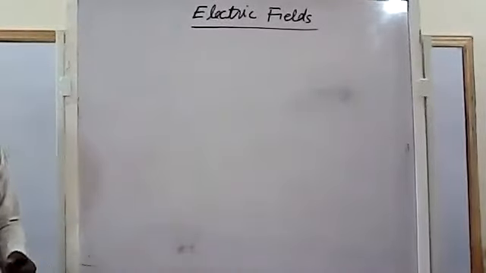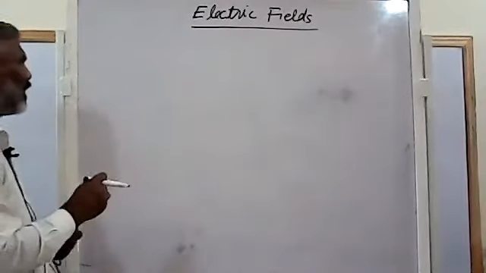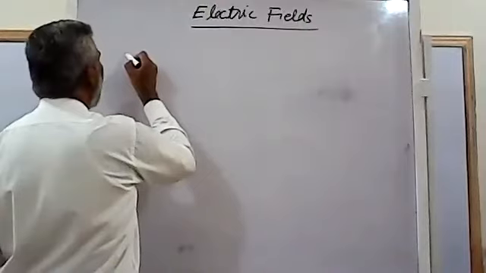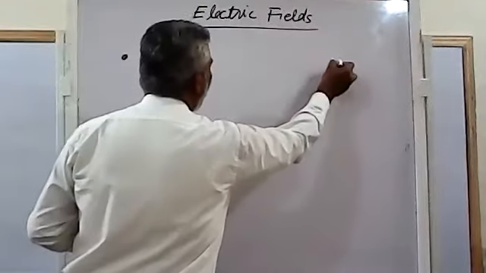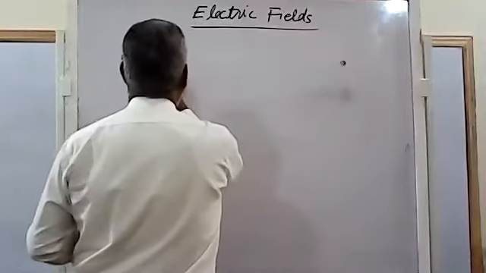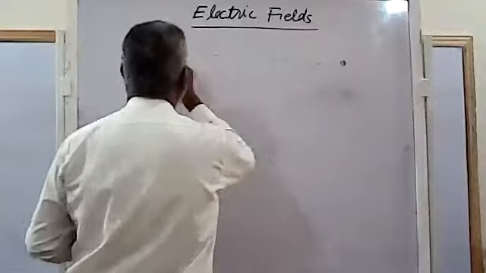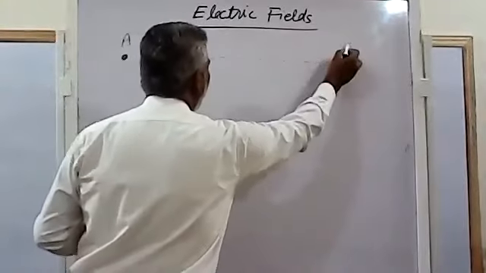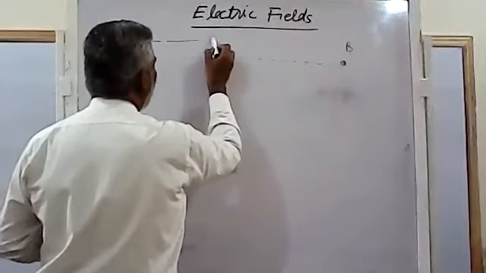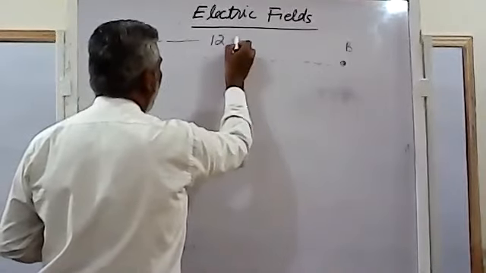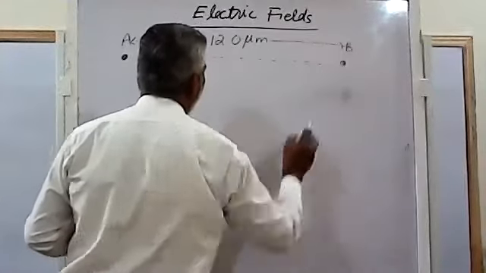One question which is particularly challenging also involves two charges placed at a certain distance apart, and they are labeled as charge A and charge B. This is A, this is B, and they are exactly 12 micrometer apart.